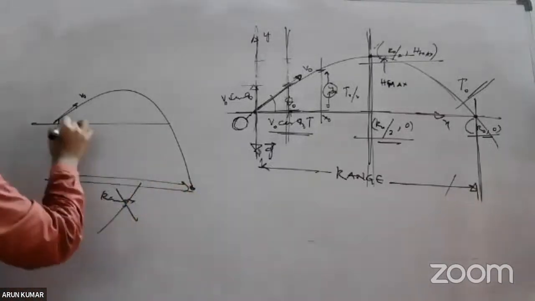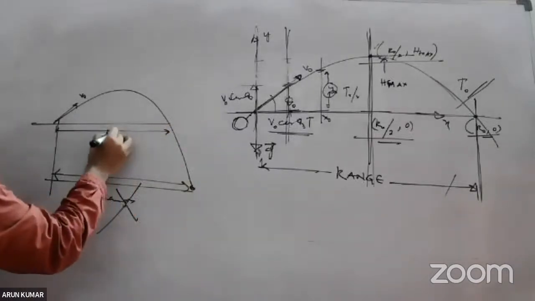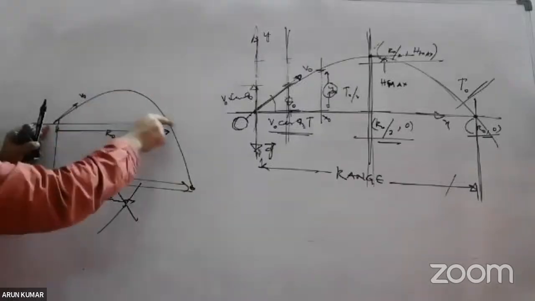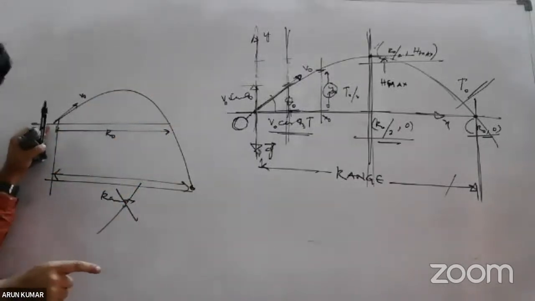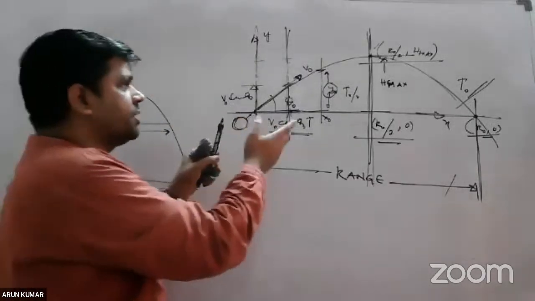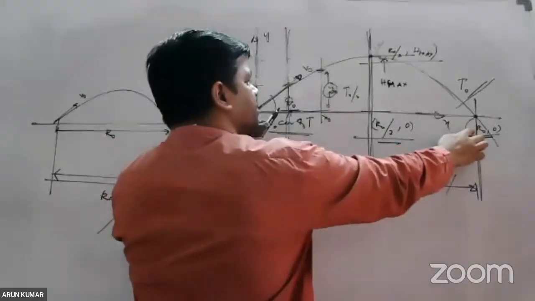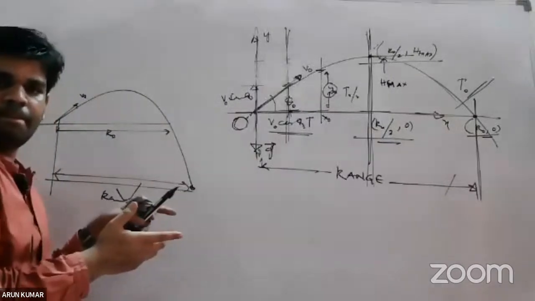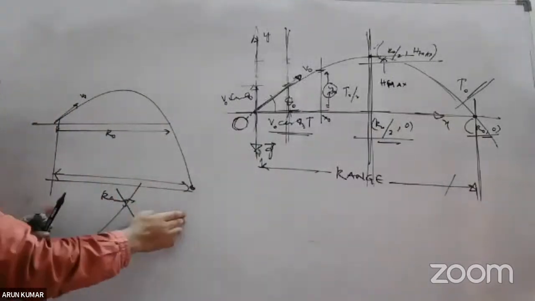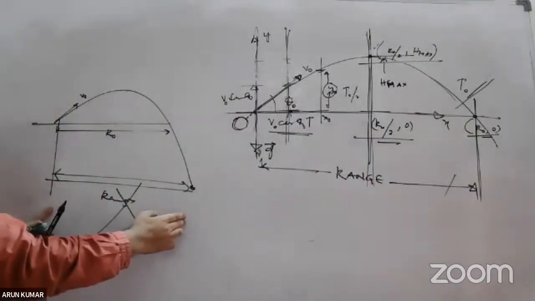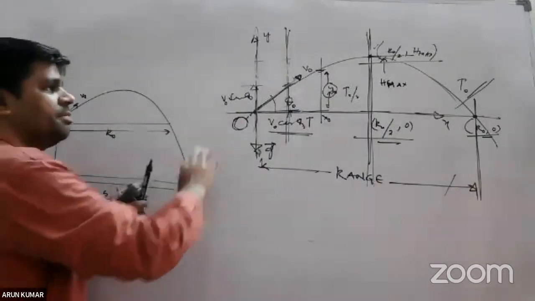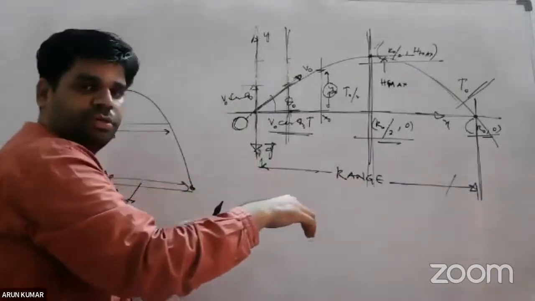This is called range. Range is when the particle is again coming back to the same level. Geometrically, it is the root of the equation: one root, another root, and the distance between the two roots is my range. This is called horizontal displacement, but this is called range. Horizontal displacement is when the particle comes back to y equal to 0.